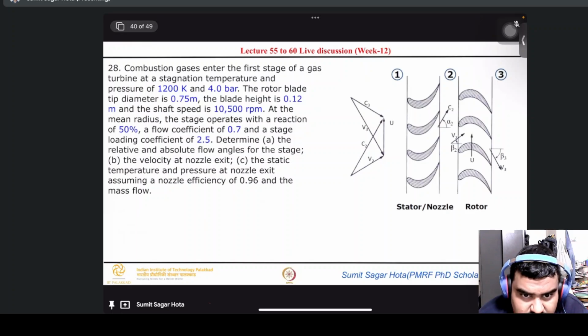Determine the relative and absolute flow angles for the stage, velocity at the nozzle exit, static temperature and pressure at the nozzle exit, assuming a nozzle efficiency of 0.96, and the mass flow.